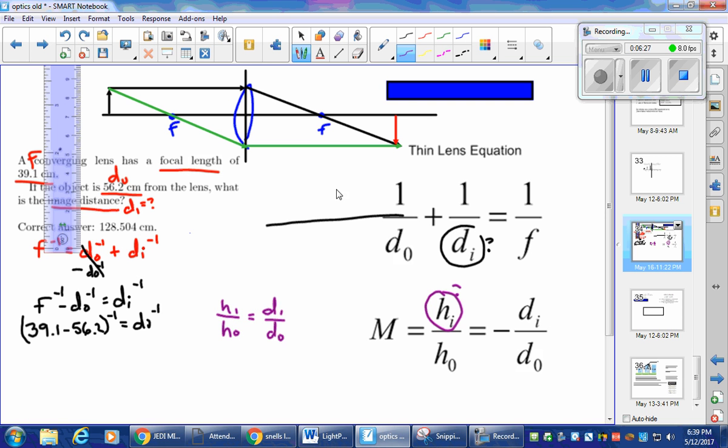Okay, so let's go ahead and multiply. And then we end up with hi equals di ho over do. So what was the distance of my image? That was given to us in the problem.